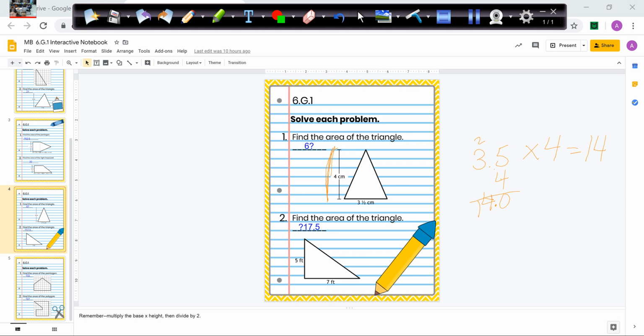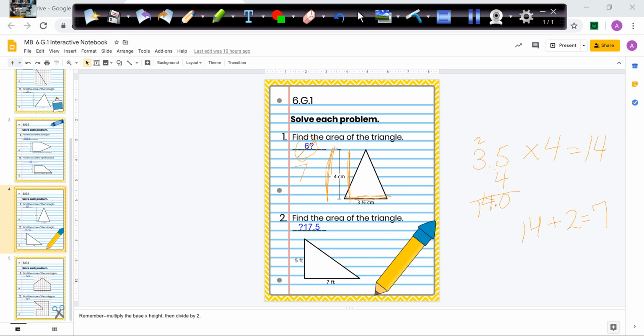And then, after we multiply the base and the height, we have to divide by 2. So 14 divided by 2 is 7. So you were close on this one, but the area on this one should be 7. 4 times 3.5 gave us 14. And then we divide that by 2.